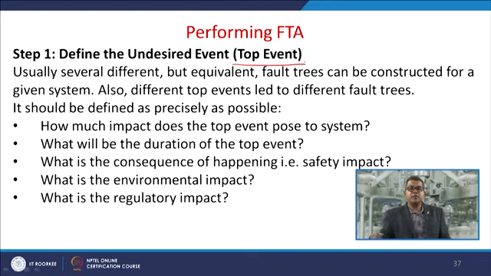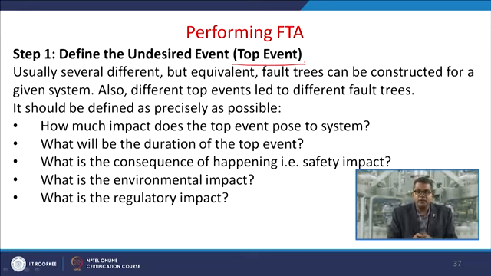So usually several different but equivalent fault trees can be constructed for a given system. Also, different top events lead to different fault trees. So it should be defined as precisely as possible. You need to frame several questions: how much impact does the top event pose to the system?